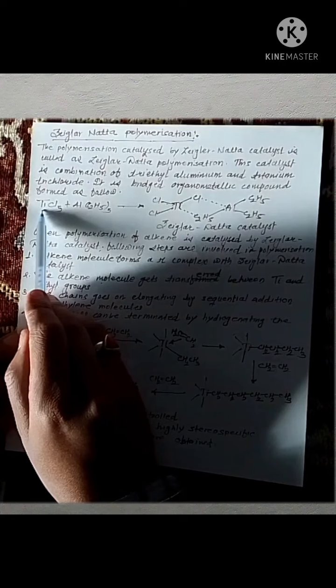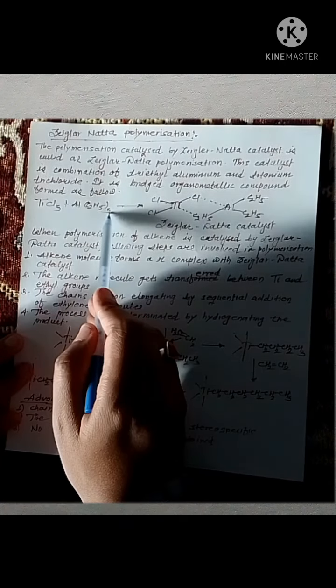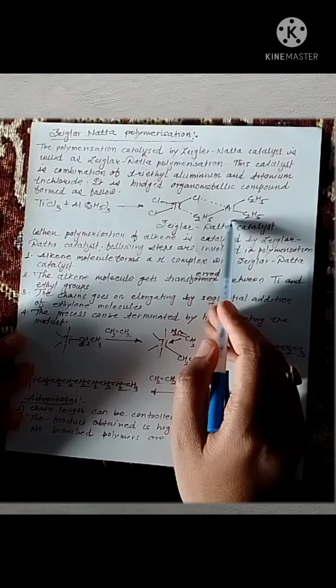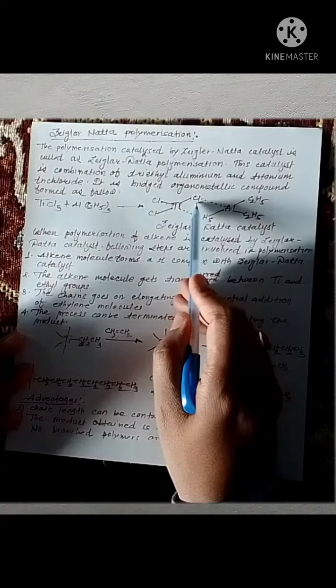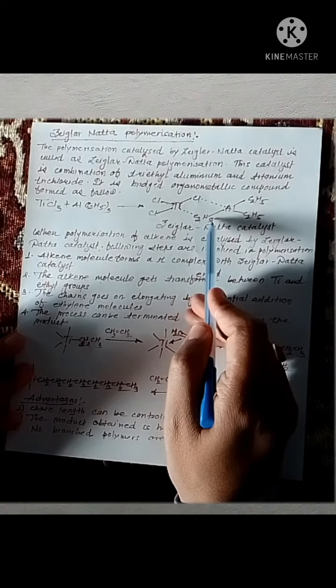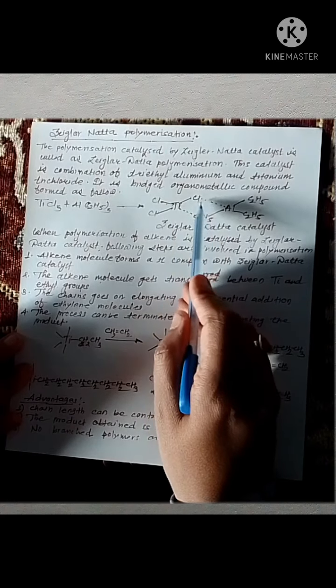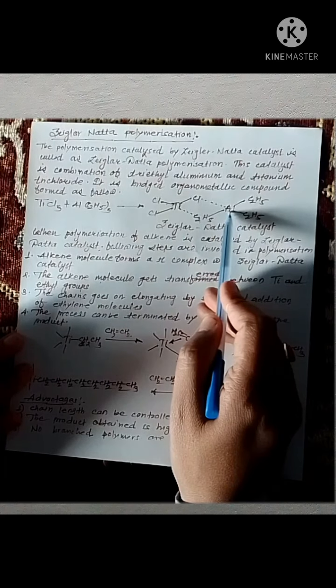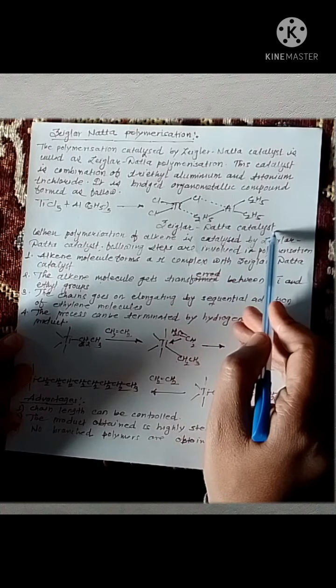Just see here, it is titanium trichloride and it is reacted with triethyl aluminum. It forms a bridged compound. In this bridged compound, this Cl and this C2H5 form a bridge between the titanium and aluminum metal atoms. This is the structure of Ziegler-Natta catalyst.